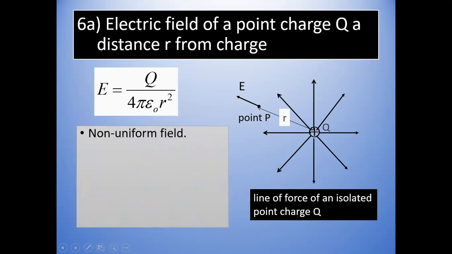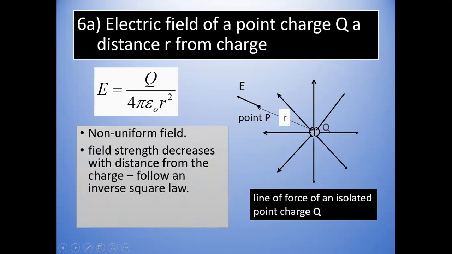It's non-uniform. That means if you look at the formula, as your r increases, your field becomes weaker and weaker. Mathematically, we say inverse square law. It decreases very fast with distance.